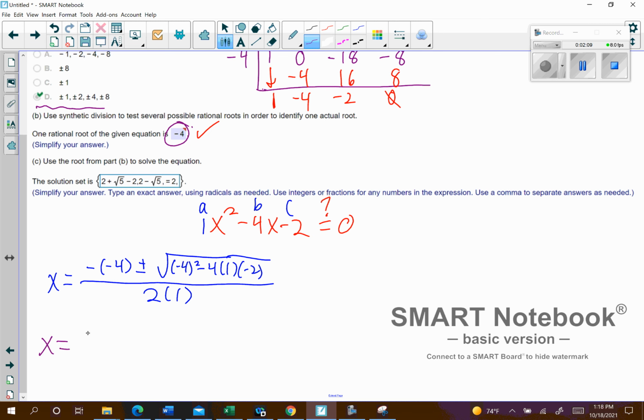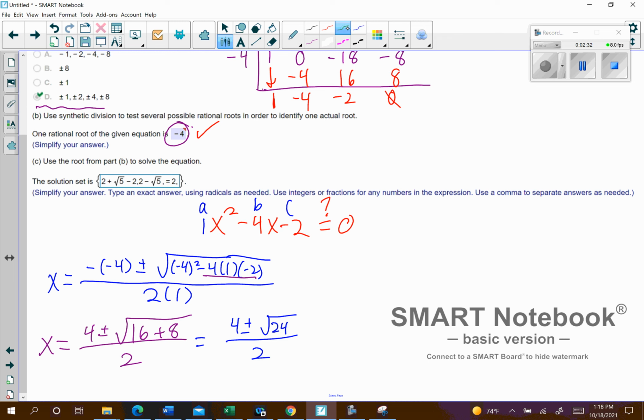So let's see, we're going to get x equals positive 4 plus or minus the square root of 16. When you multiply all that together, it's going to become a plus 8, and then divided by 2. So then we'll end up with 4 plus or minus the square root of 24 over 2.